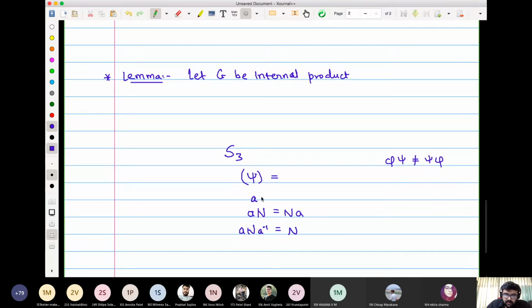But this does not mean that AB, where B belongs to N, equals BA. No, this is not true. Yes, the cosets are the same. As I said, they are the same, but the elements do not commute. I mean, some AB will give rise to some B1A1, and they will be equal. But we cannot say A and B commute. So that is the best example in S3.